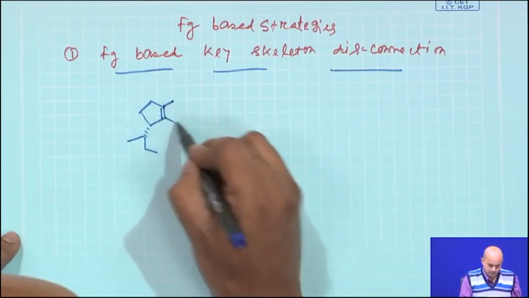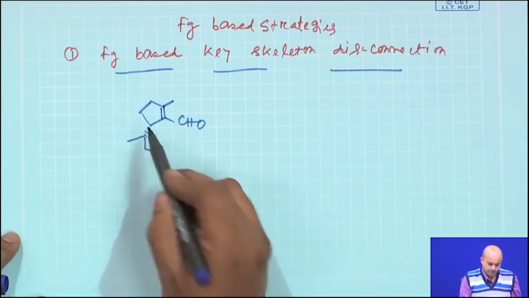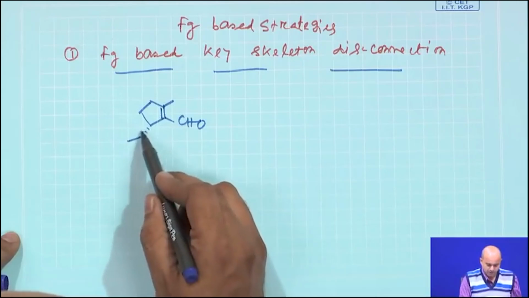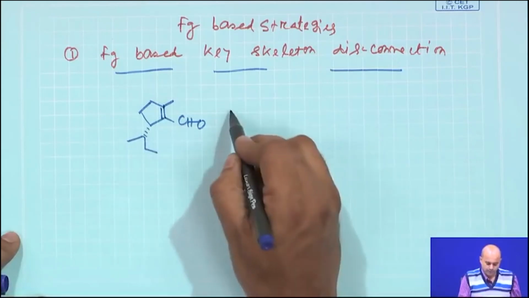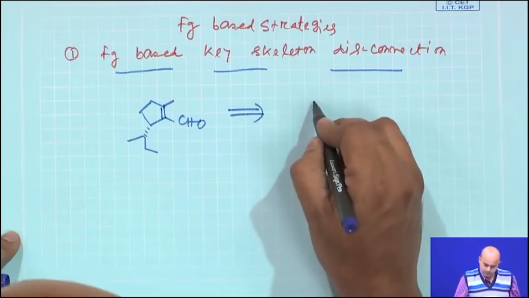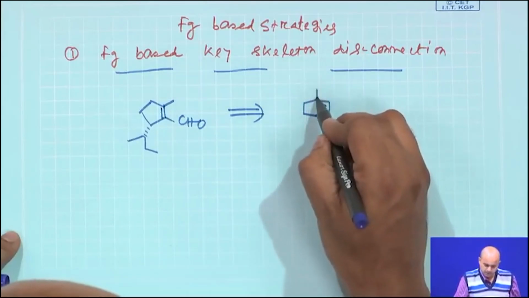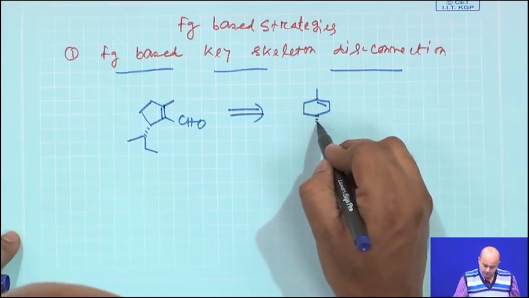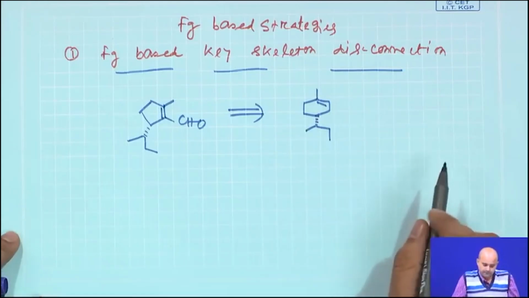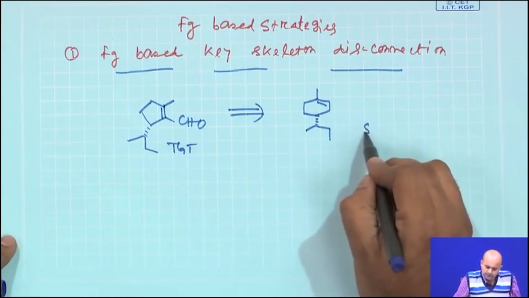It is an alpha beta unsaturated cyclopentene based aldehyde, and this particular center has a hanging appendage of a sec butyl group. Though the stereo center was given, we will not be discussing the stereo center here, but the starting material which was given is a 6 member cyclohexene. Now, your target is this and your starting material is this.